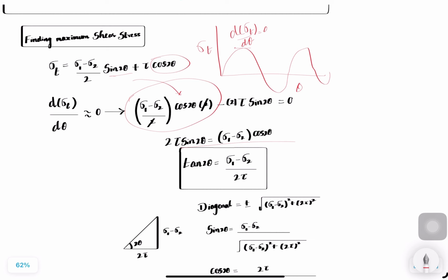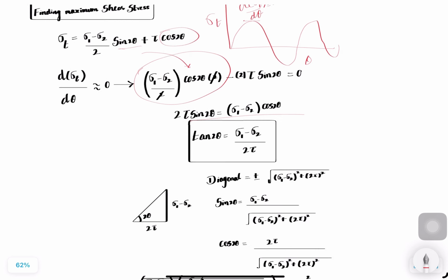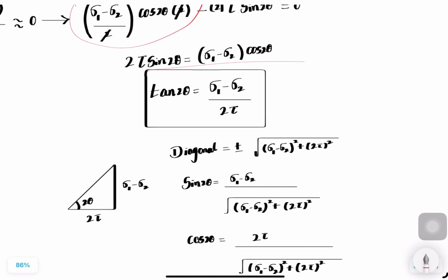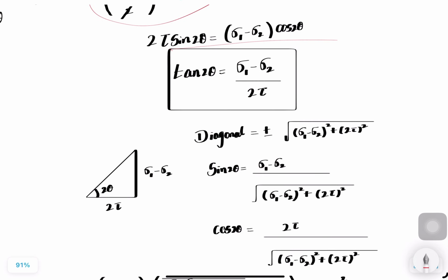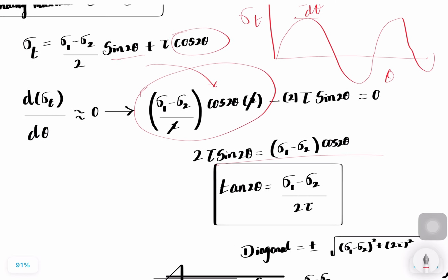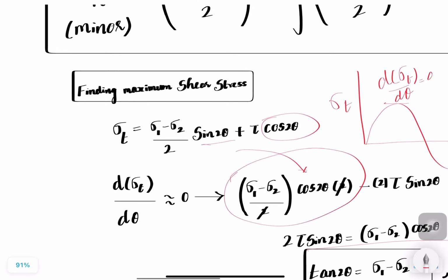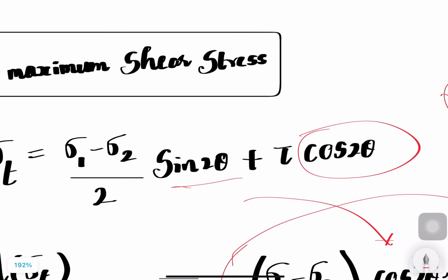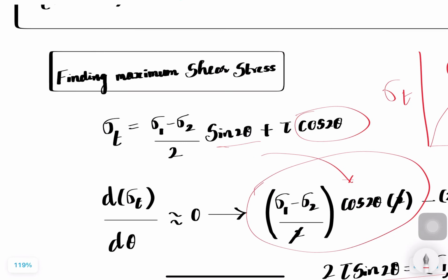Okay. So all you have to do is, again, represent this tan 2 theta as opposite side by adjacent side and find out the diagonal; the plus or minus sign is there. So find out what sine 2 theta or cos 2 theta is, because those two terms are demanded in the shear stress equation. You can see that the sine 2 theta term and the cos 2 theta term are demanded.